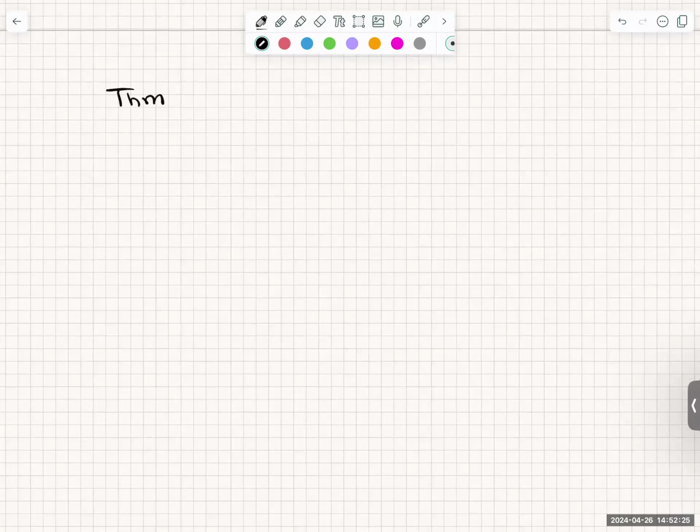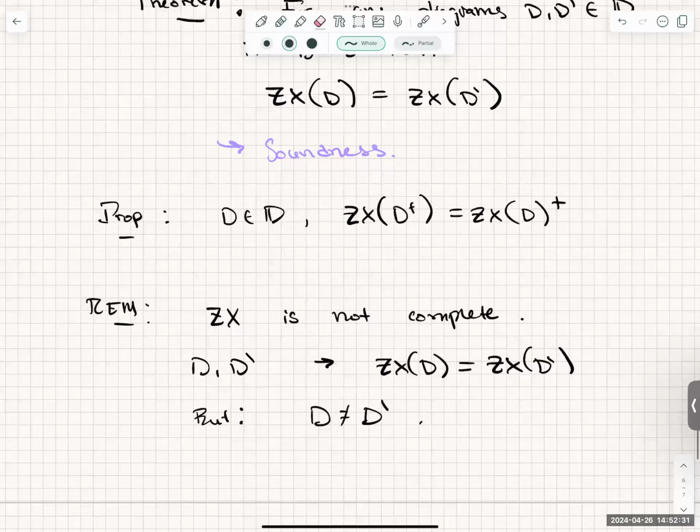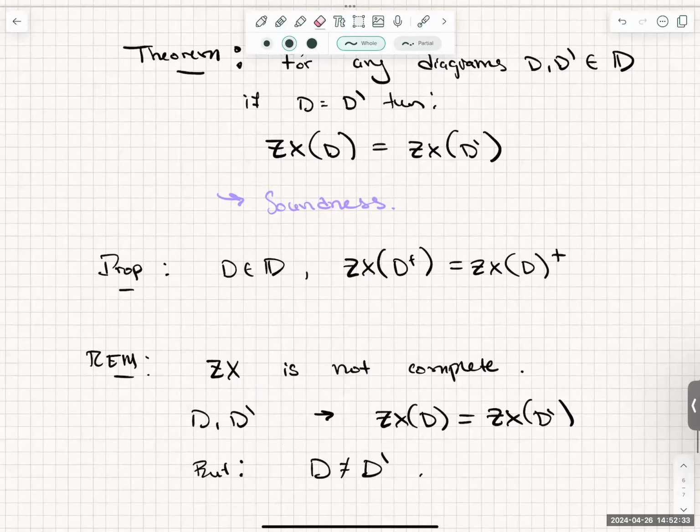Oh, go ahead, Reddy. Yeah, so by being complete, perhaps the statement is saying that you cannot write a finite number of relations such that ZX would be complete? Is there a statement like that that you read anywhere?